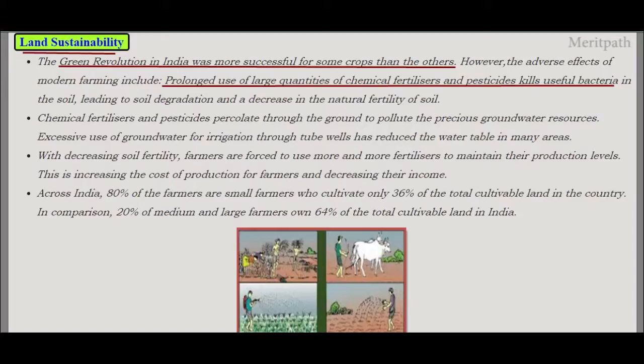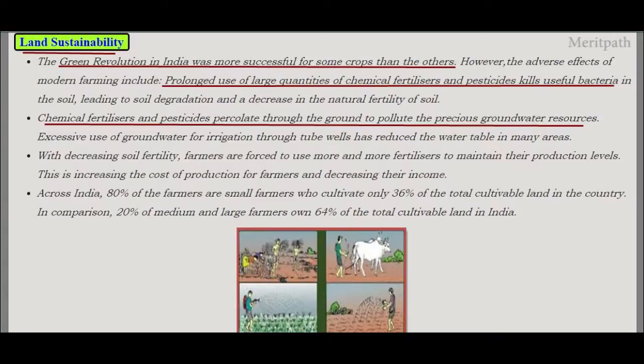The adverse effects are prolonged use of large quantity of fertilizers and pesticides. It kills the useful bacteria in the soil, and then it leads to soil degradation and decrease in the fertility of the soil. Chemical fertilizers and pesticides percolate to the ground to pollute the precious underground water resources.